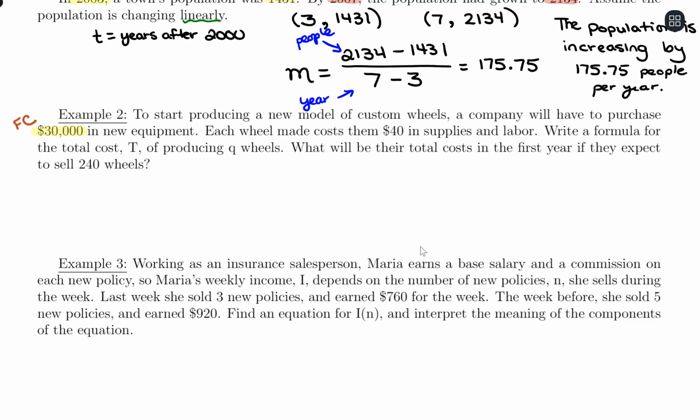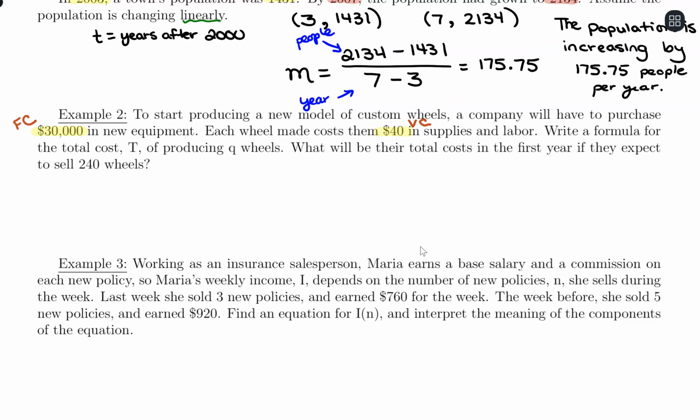Each wheel made costs them $40 in supplies and labor. So this is a cost for each wheel. This is that variable cost. So if this terminology is new to you, make sure you go back and watch that video about marginal costs and total costs. That's where I defined these. So we have this cost per unit and this fixed cost.